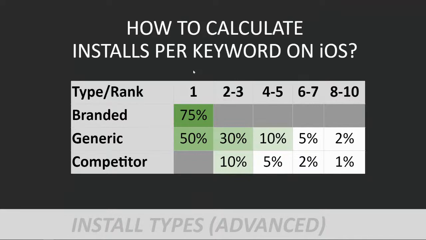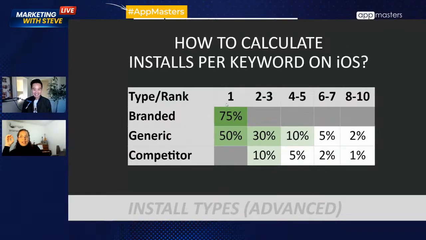In the US specifically, don't try it in other countries because it doesn't work, unfortunately. Maybe Sensor Tower is more accurate. I know that they have more accurate data generally, but I work with AppTweak, so I'm going to talk about what I know. If you take this number and then take the percentage based on the rank, you are going to get a relatively accurate, it's not accurate, but it's an estimated close number to how many installs you're getting from this keyword, right?